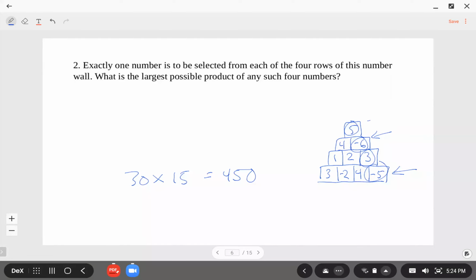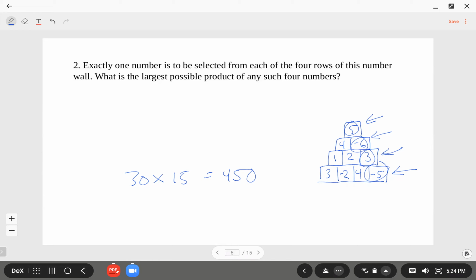And then the first row and the third row, just pick the highest positive numbers. The second row and the sixth row, once you have the principle that two negatives multiply to a positive in mind, you can just pick out the two lowest negative numbers, and they will multiply to quite a big number.